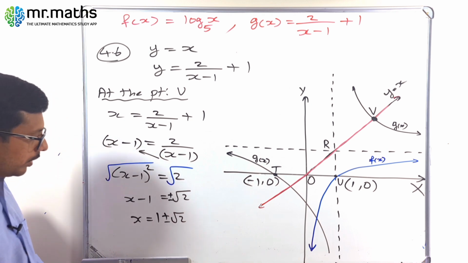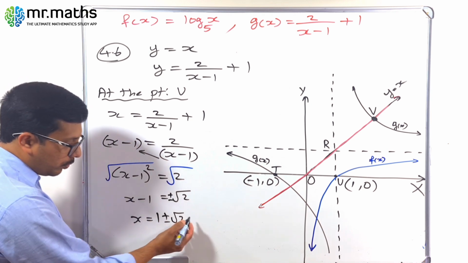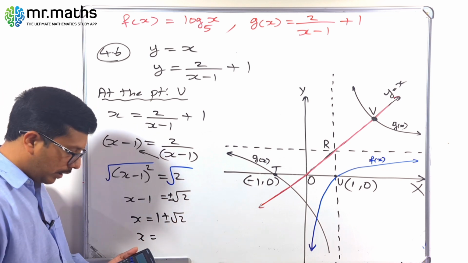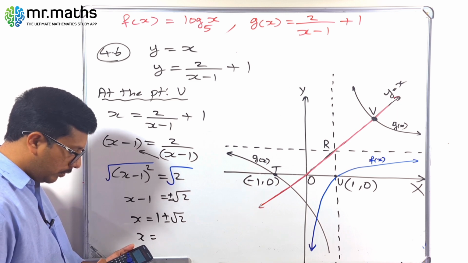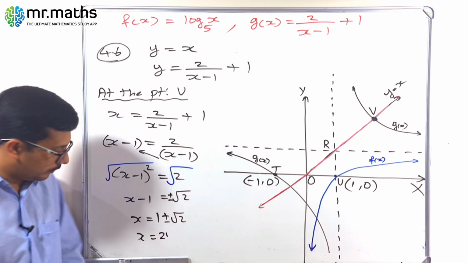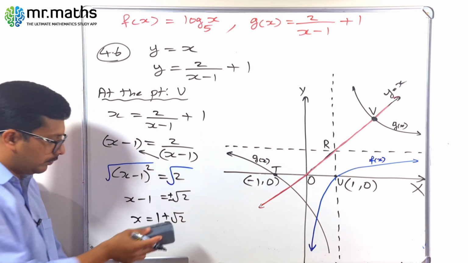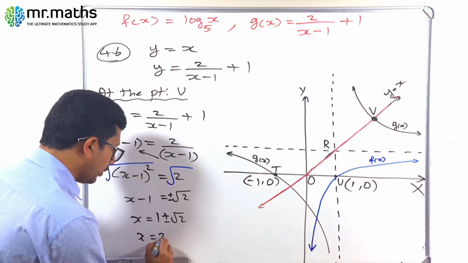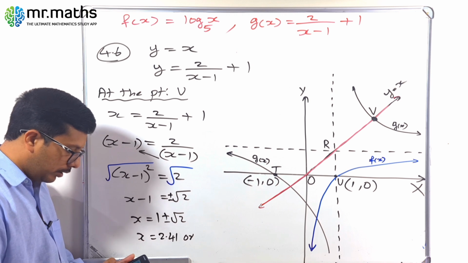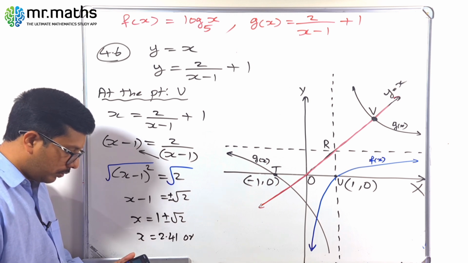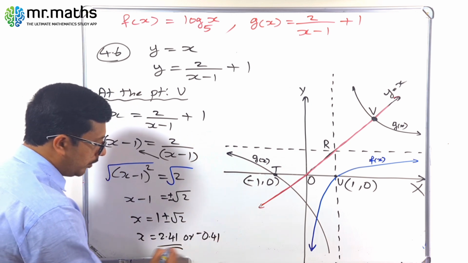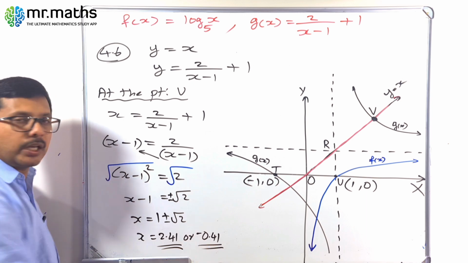So x is equal to 1 plus root 2, which is 2.41, or 1 minus root 2, which is minus 0.41. So we got two answers, 2.41 and minus 0.41.